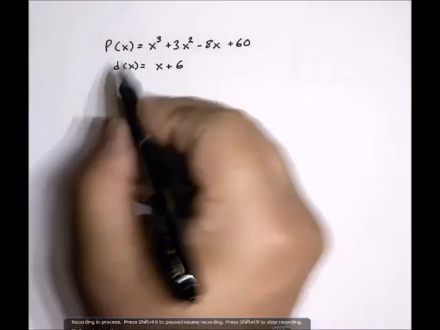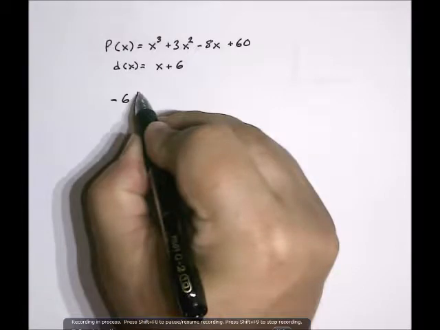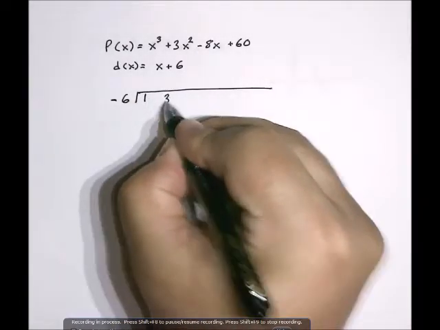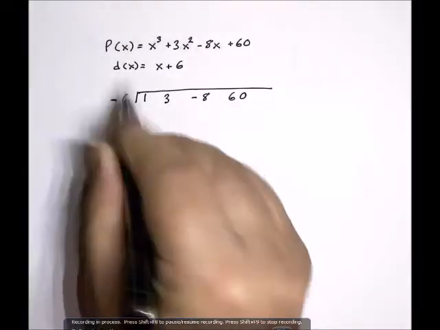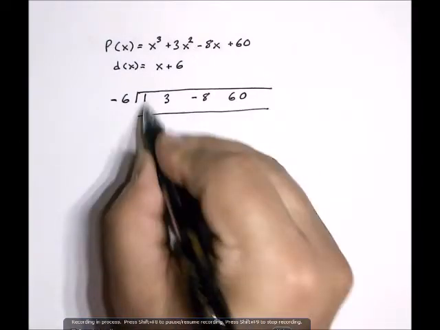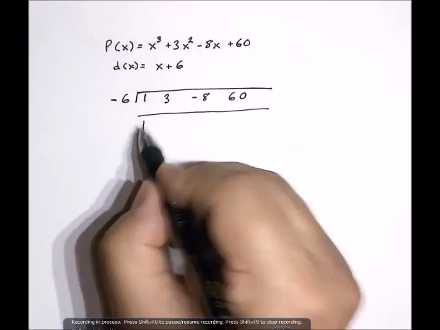So I'm going to set this one up just like this and put in the coefficients. And I'm not missing any spaces, so I don't have to put in any zeros. First term comes straight down, gets multiplied by negative 6 and put up here.